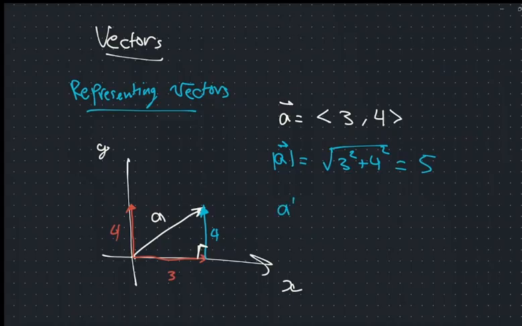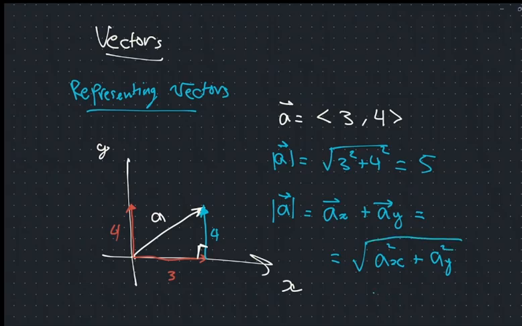To find the magnitude of any vector, let's call it A, with components ax and ay, it's equal to the square root of ax squared plus ay squared.